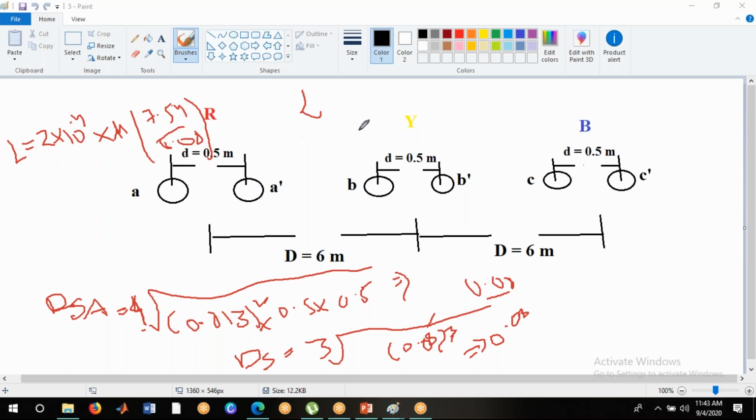Okay, now find the inductive reactance, that is XL. XL equals 2 pi FL. So while calculating this value, keep your calculator in radians mode. Then find the inductive reactance XL.